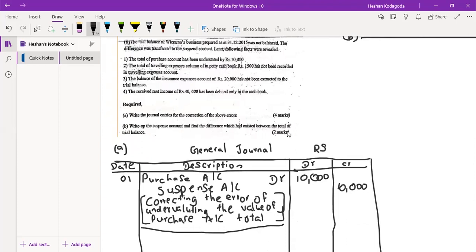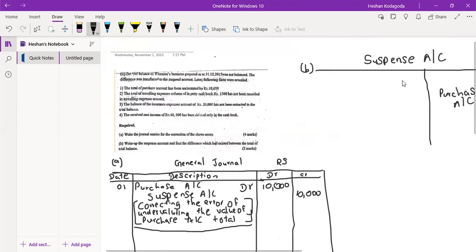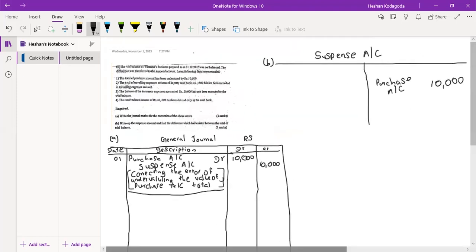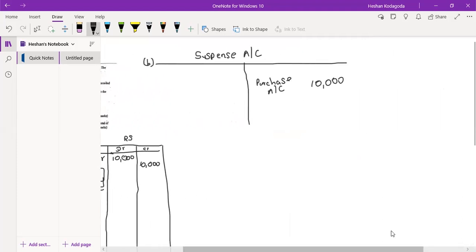To temporarily tally it, we need to write 1,500 in the debit side of the trial balance, and take that 1,500 into the suspense account debit side. To rectify this, we need to credit 1,500 in the suspense account, and write that 1,500 in the traveling expense account.